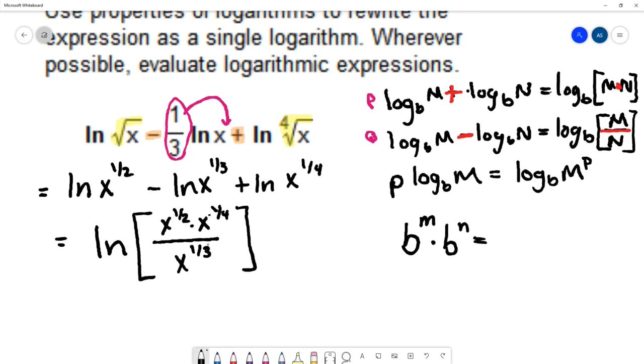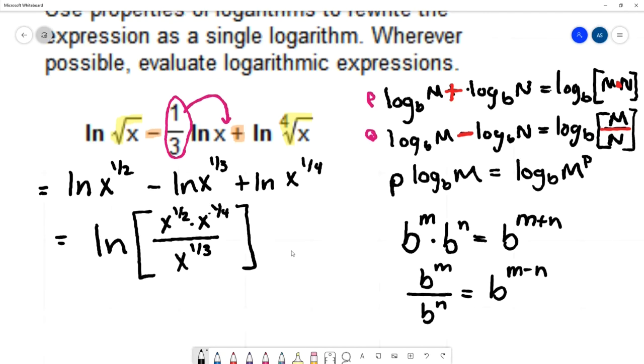When we're multiplying with the same base, we add those exponents together. When we're dividing with the same base, we subtract the exponents. So that's what we're going to do on the inside of this log.